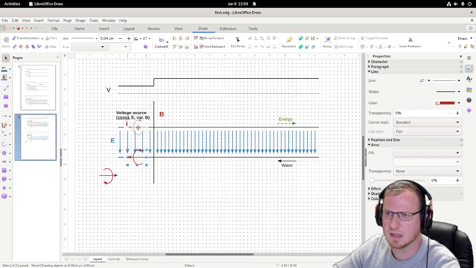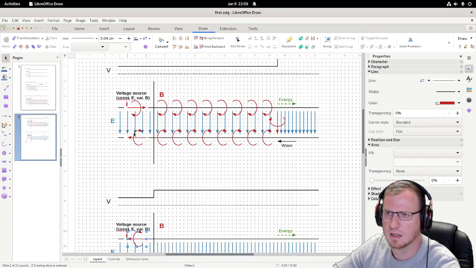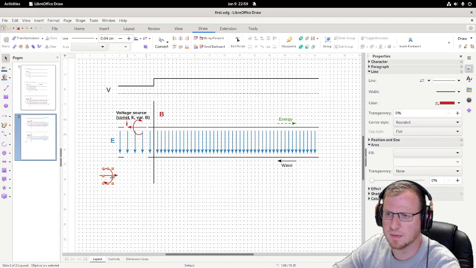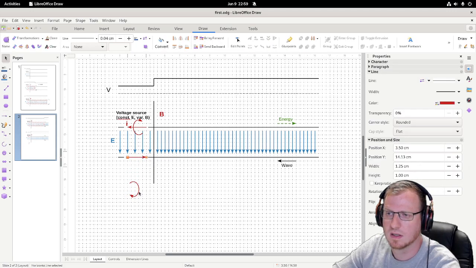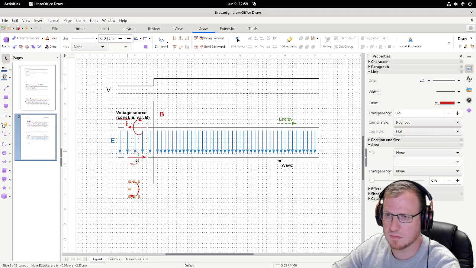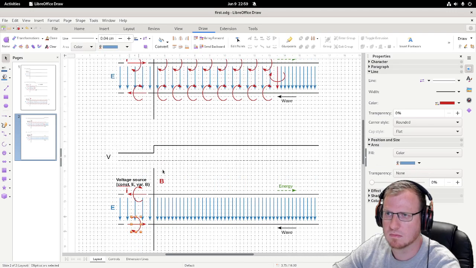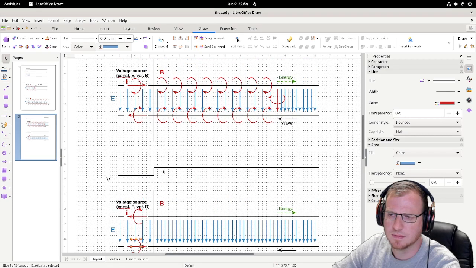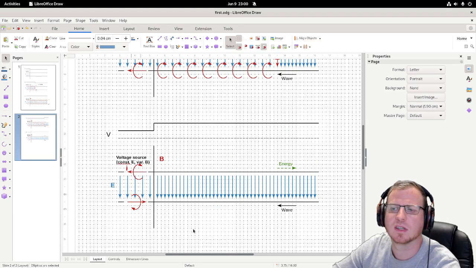That means the voltage source is now sucking the electrons out of the transmission line again.